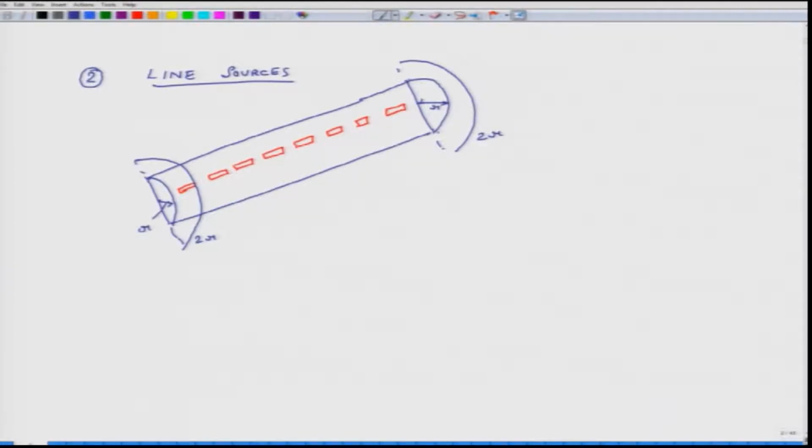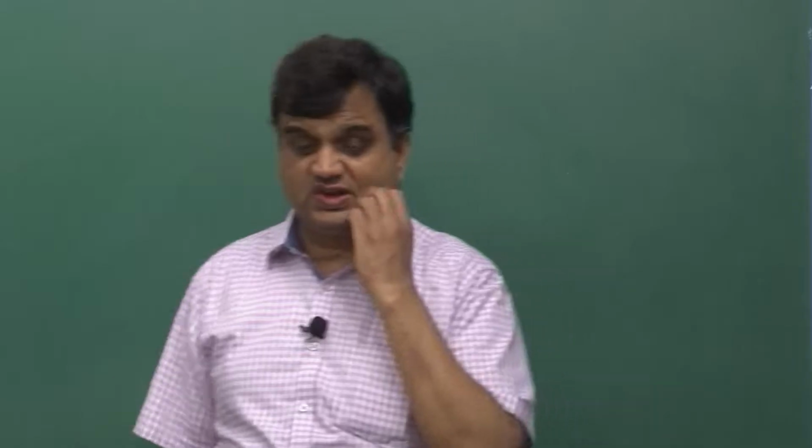Then I will ask again the same question: if LP is the sound pressure level in decibels at a distance r from the axis of the cylinder, then what is LP prime, where LP prime corresponds to a cylindrical surface which is 2r distance away from its axis?